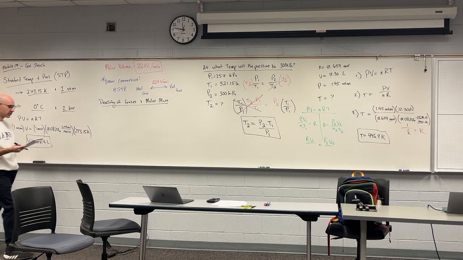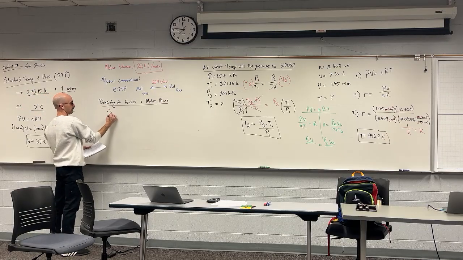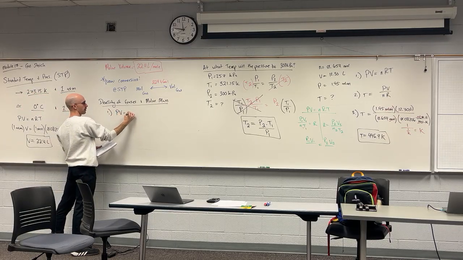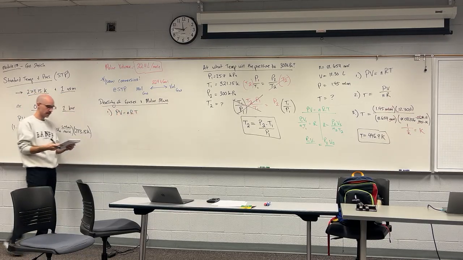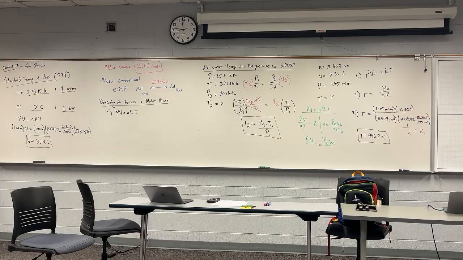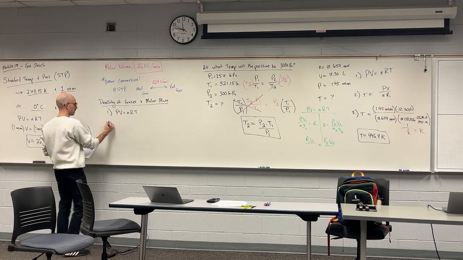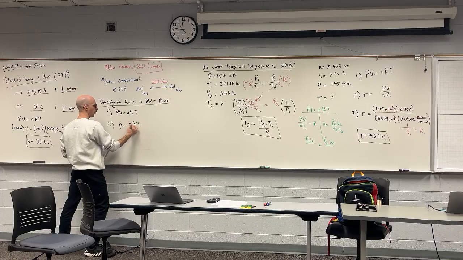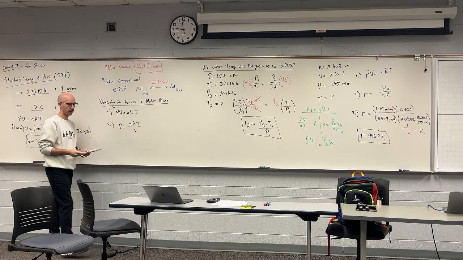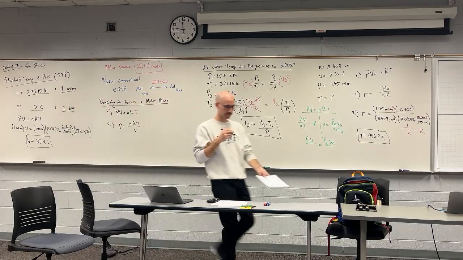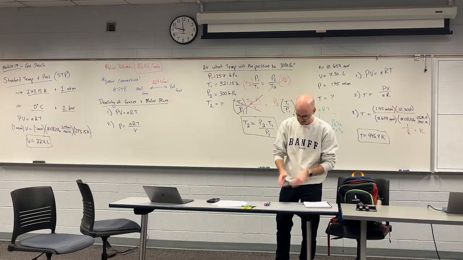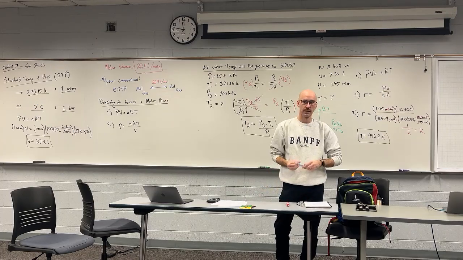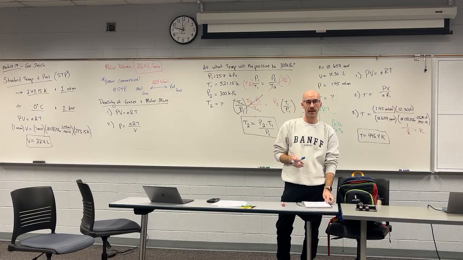Okay, let's start by looking at the ideal gas law, PV equals nRT. And we'll rearrange to solve for just pressure. Pressure equals nRT over volume. We can substitute for n.